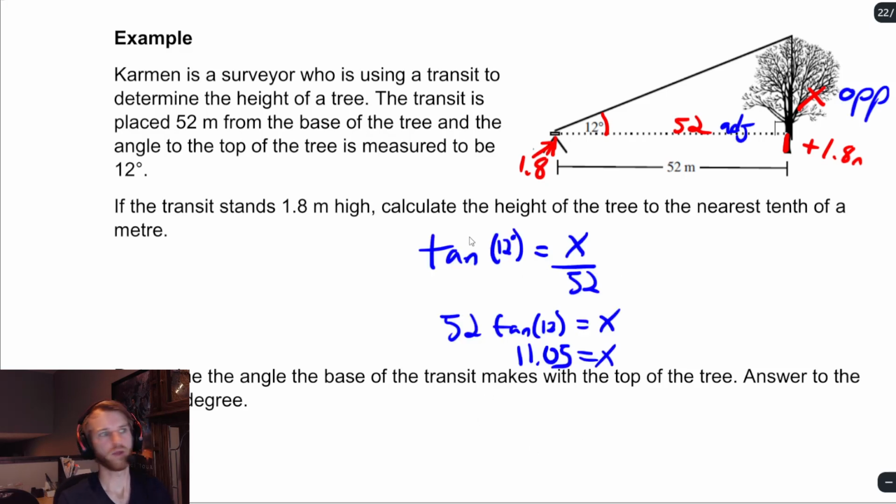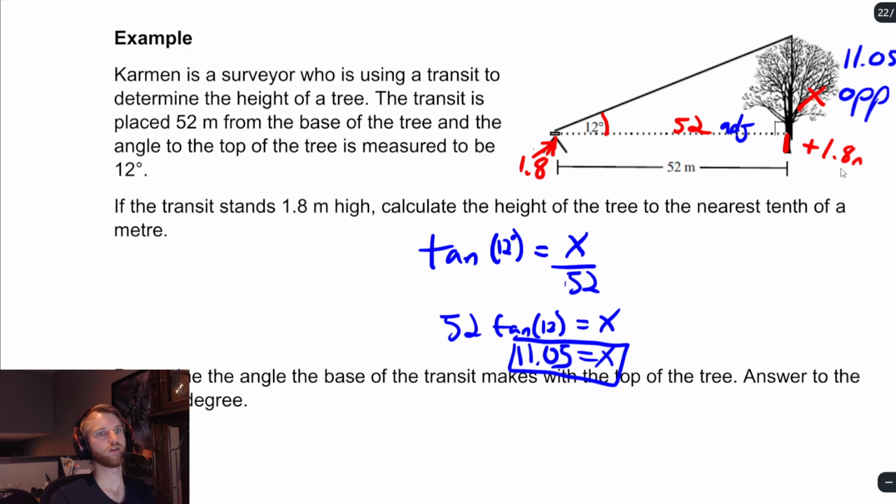All right, so I use tan because we have our opposite side and our adjacent side. So tan of 12 degrees is equal to x, that's our opposite, over adjacent, which was 52 meters long. Then I solve for x and found out my answer was 11.05. So this side here was 11.05 meters.